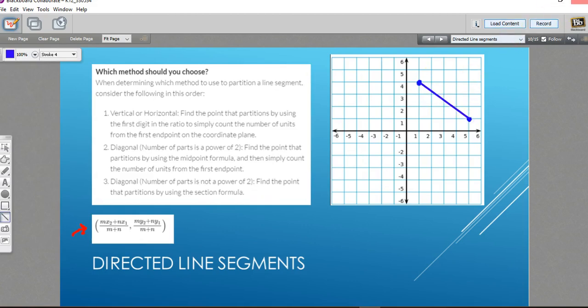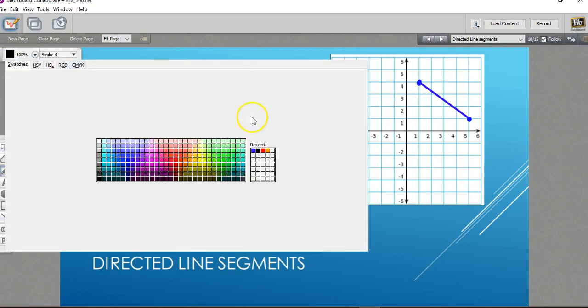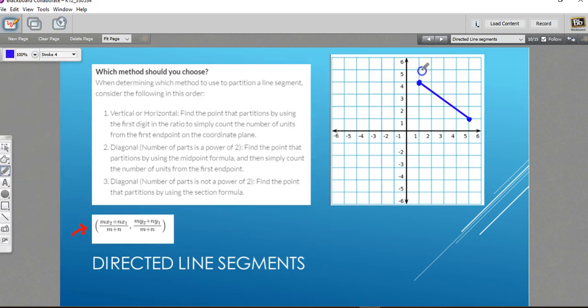Obviously we'll call this point A, and we'll call this point B. Point A is located at (1, 4), and point B is located at (5, 1).